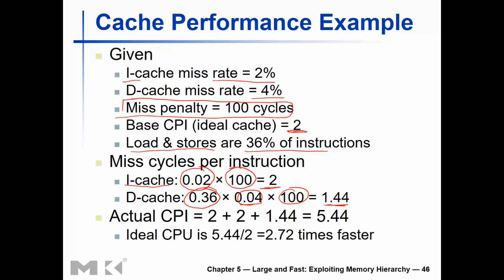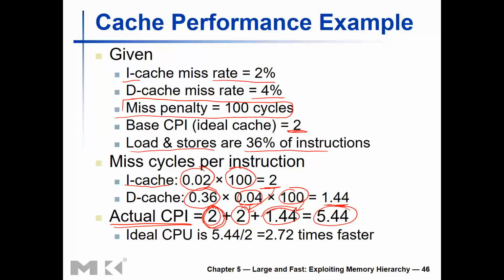Then the actual CPI equals what? Add the miss cycles per instruction from the instruction cache and the miss cycles per instruction from the data cache and the base. I'm sorry, this is the base CPI. This is the I cache, and this is the data cache, and I get 5.44.